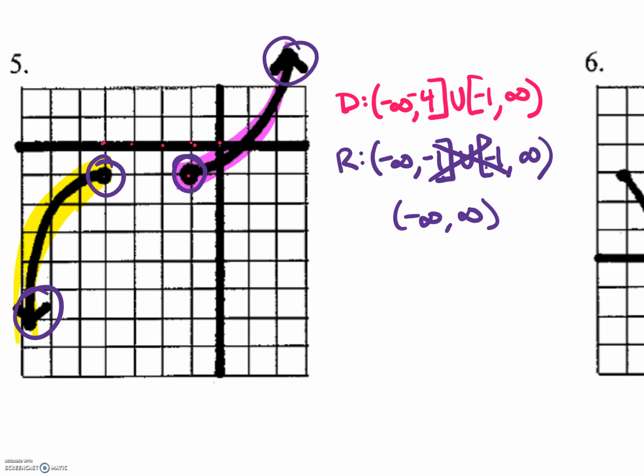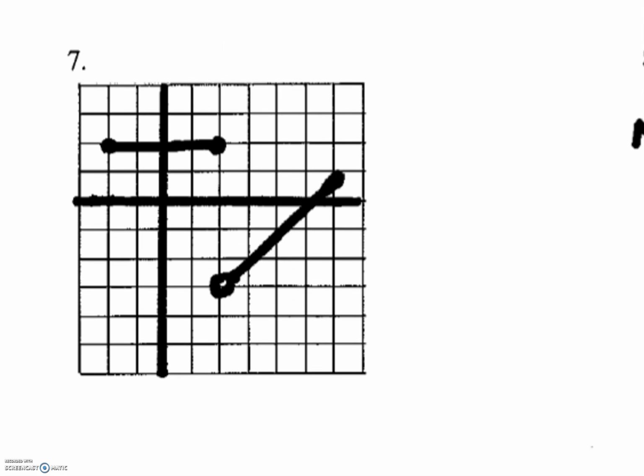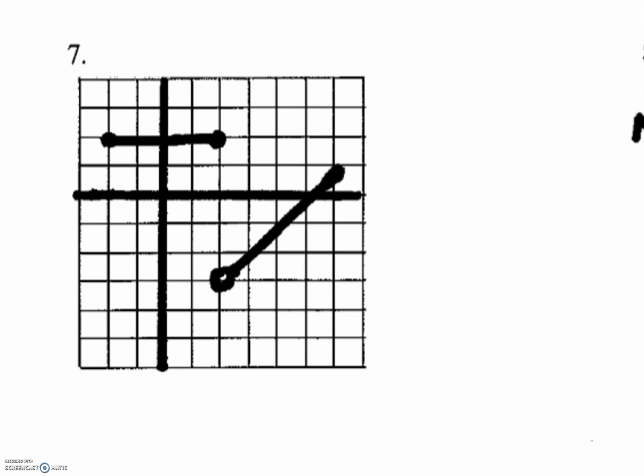Alright, let's do one more example here on the back, number 7. So if I look at number 7, if I start with my domain first, I notice the furthest left it goes is right there, which if I count over from the origin, that's going to be -2. Then it stops right here, so if I count from the origin, that's +2.